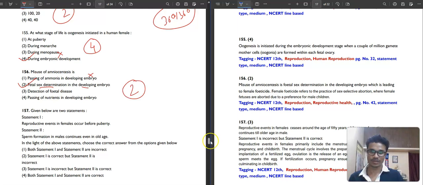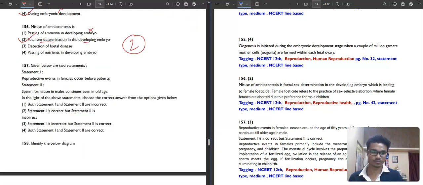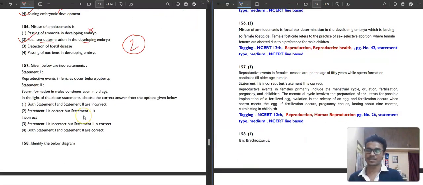Then question number 157. Statement first: reproductive events in female occur before puberty. No, this is not correct. Sperm formation in males continues even in old age. This is correct. So statement first is incorrect and statement second is correct. Reproductive events in female primarily include menstrual cycle, ovulation, fertilization, pregnancy, and childbirth.